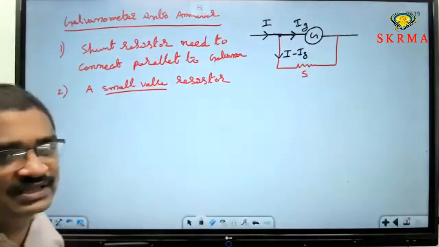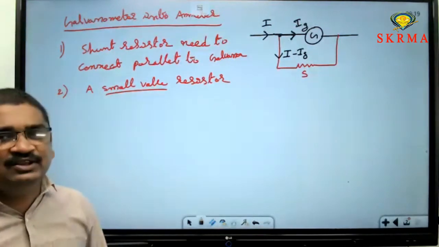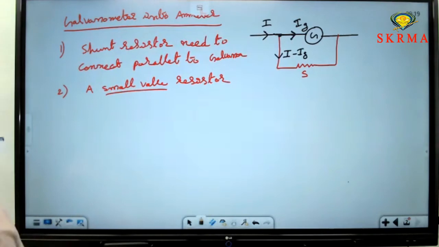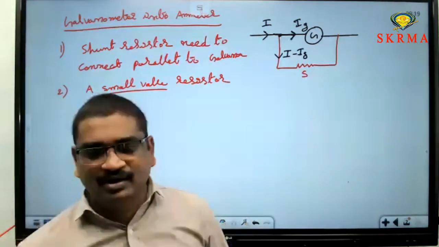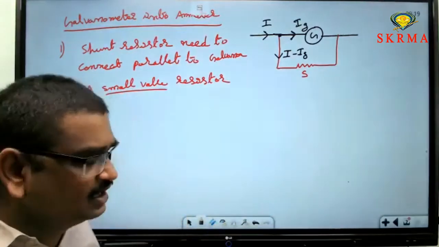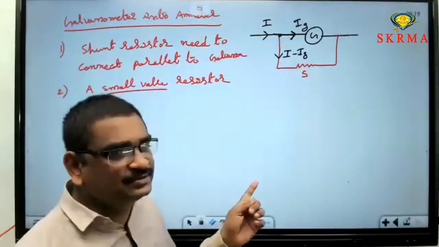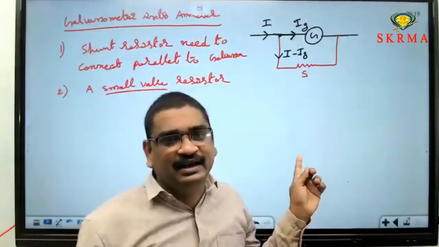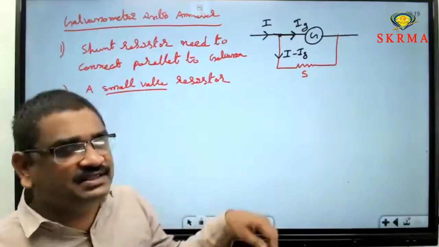How much current is passing through the galvanometer? Ig. What is the current that is passing through the shunt resistor?